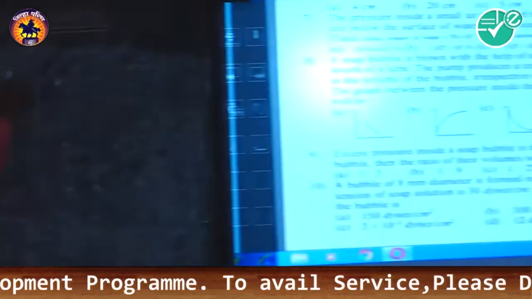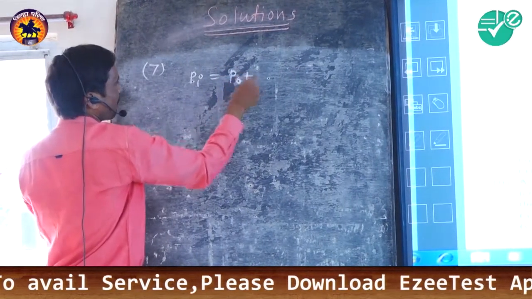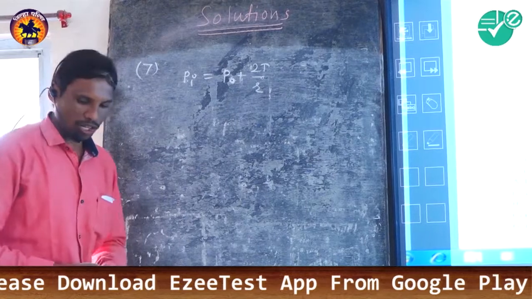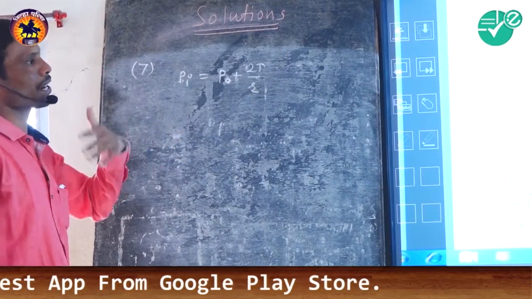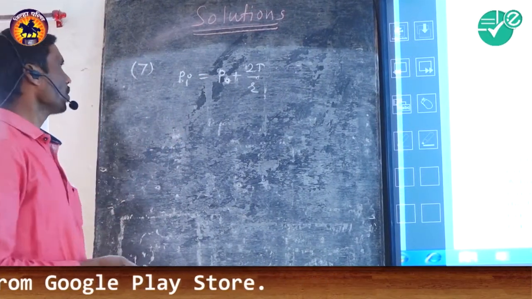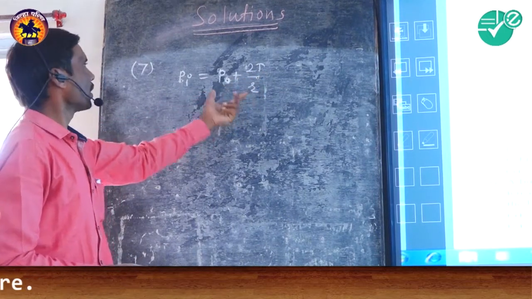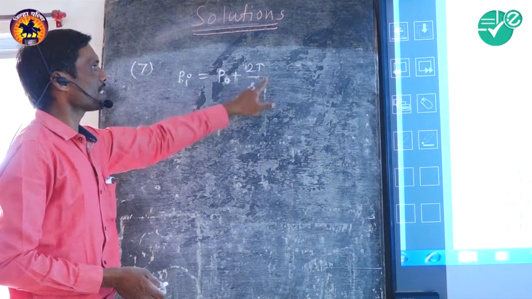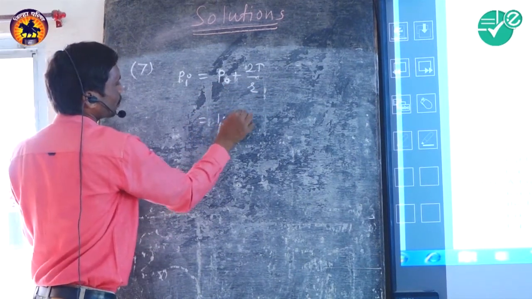Here the pressure inside the air bubble that is given by atmospheric pressure plus twice T by R, because air bubble has a single free surface in contact with air. So that's why here the excess pressure that is given by twice T by R.